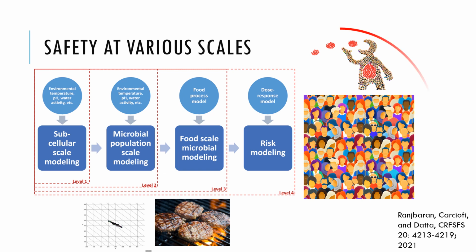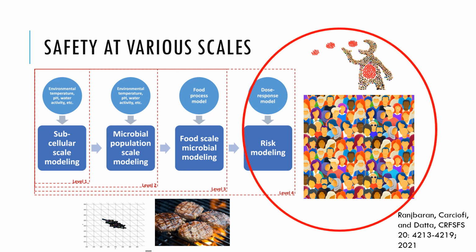Finally, this is the largest scale. At this still higher scale, we can use the information from the food scale and combine it with how much am I eating, and then what is the probability of me getting sick for a certain level of bacterial intake.